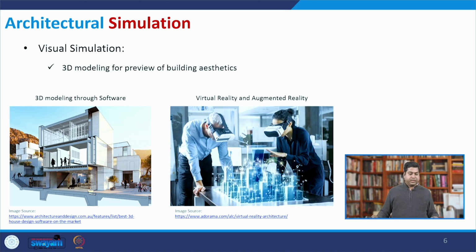Now coming to the first pointer, that is about visual simulation, those who are architects or already practicing or teaching architecture can very well relate with this: 3D modeling for preview of building aesthetics.